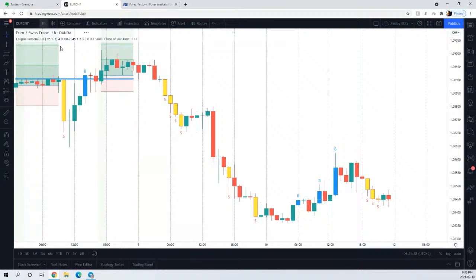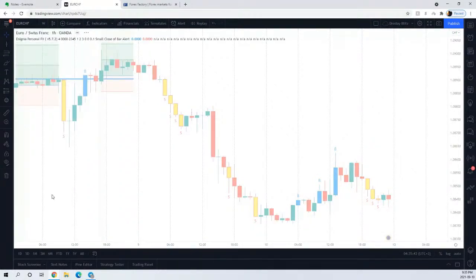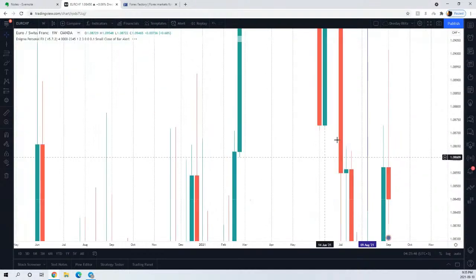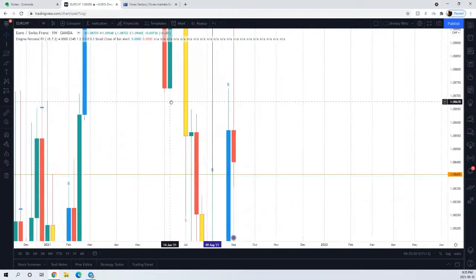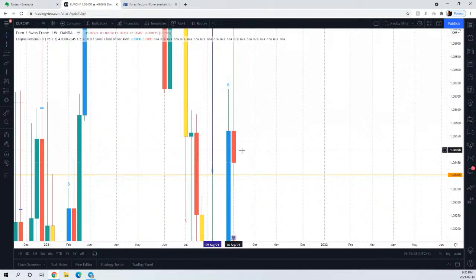Yeah, this one was a nice move too. Let's look at the weekly candle. So far, we reviewed 3 pairs with the fundamental bias, and all of them were correct.